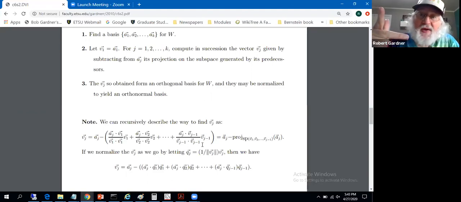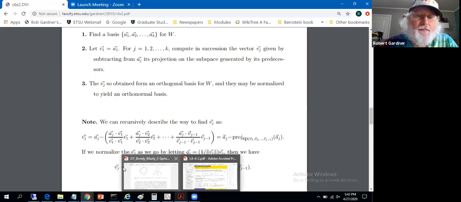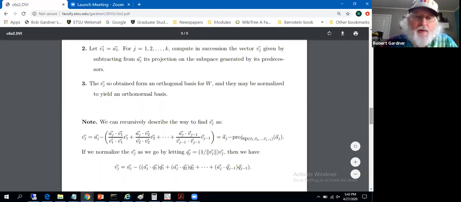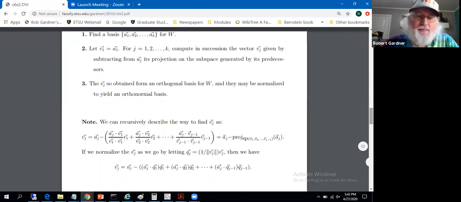They ain't all unit vectors. We'll fix that later. So it's very geometric, and think of it as taking vectors and throwing out components of them that point in directions you already have and using them for new directions. That's the idea of the Gram-Schmidt process. Oh, and finally, we'll normalize by taking those V's and dividing them by their magnitudes and produce unit vectors. Do that last, it simplifies the computations.